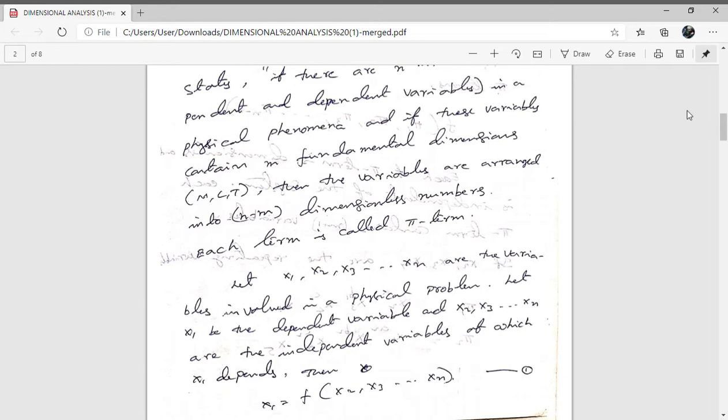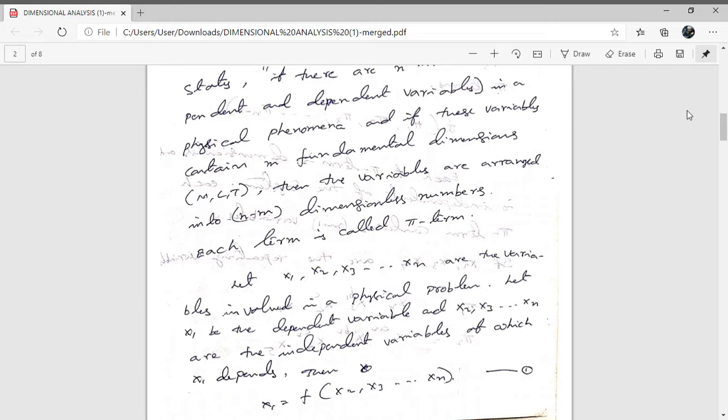Generally, the fundamental dimensions consist of the MLT system. MLT means mass, length and time. So in this MLT system, the number of fundamental dimensions is 3. That means m is 3.